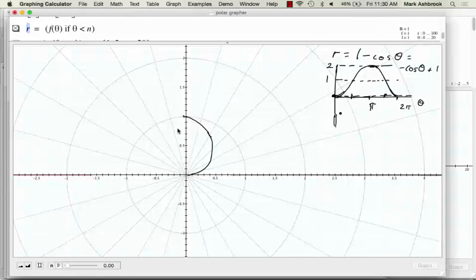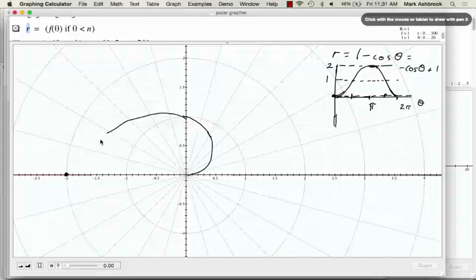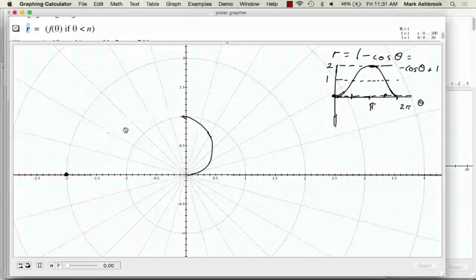And then, as we sweep from pi over 2 to pi, r goes from what to what? 1 to 2. So at pi, we're at positive 2. Again, more quickly at first, and then slowly at the end.